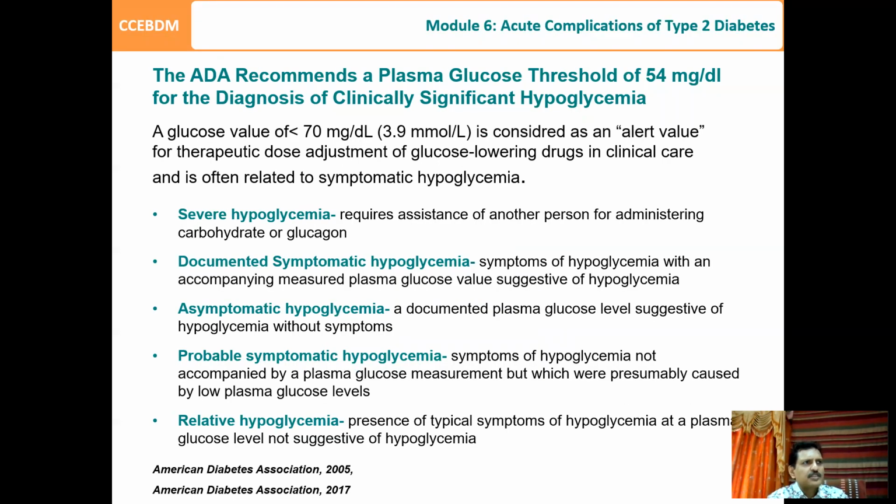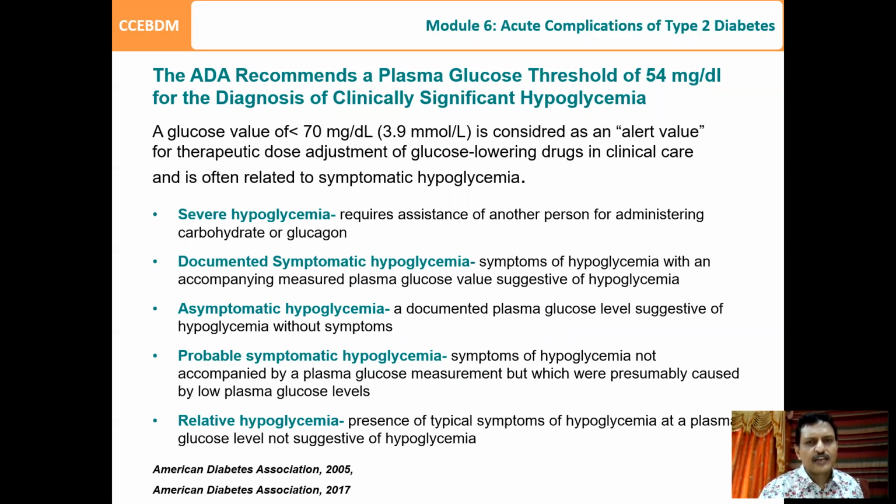Now, the American Diabetes Association has actually given different definitions of hypoglycemia. Now, what is severe hypoglycemia? What is mild hypoglycemia? You can see that hypoglycemia which requires the assistance of somebody else to correct is severe hypoglycemia.